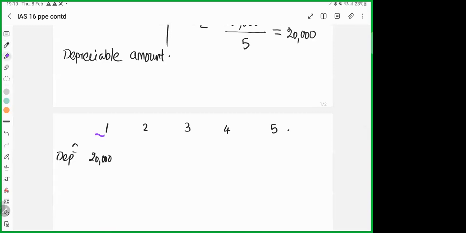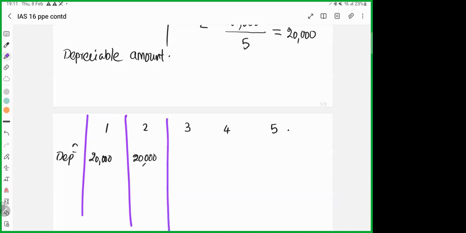What about the second year? Same, 20. I will ask questions to teach you all, so you have to be ready for this. The third year also. Every year it will be an equal amount.